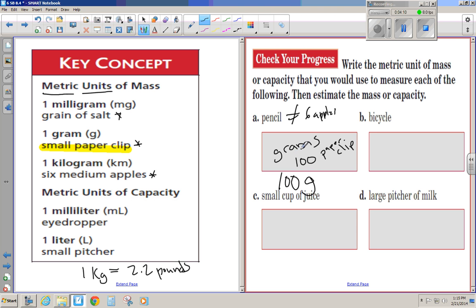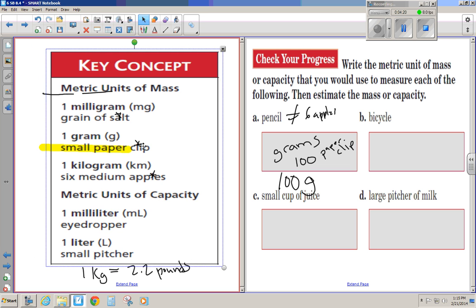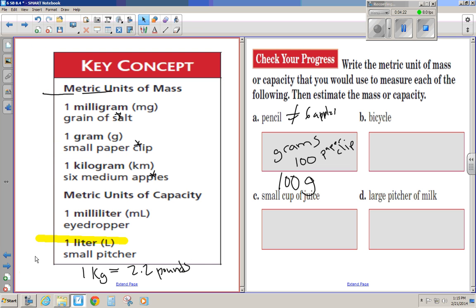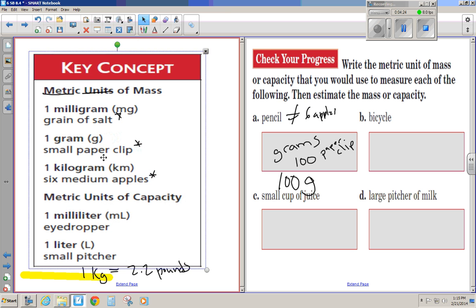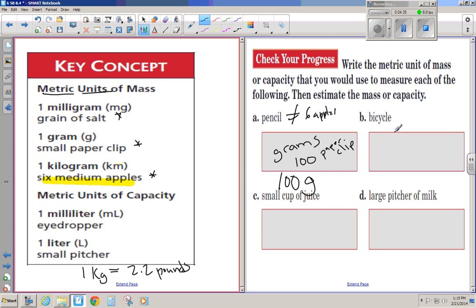A bicycle. A bicycle has mass. This time it is definitely a lot bigger than a paper clip, and it's more than 6 medium apples. So this bicycle will be measured in kilograms.